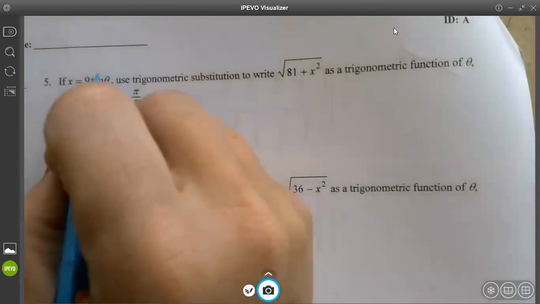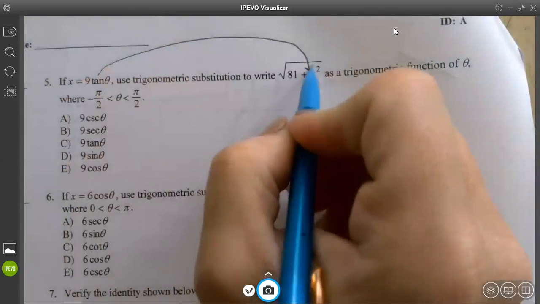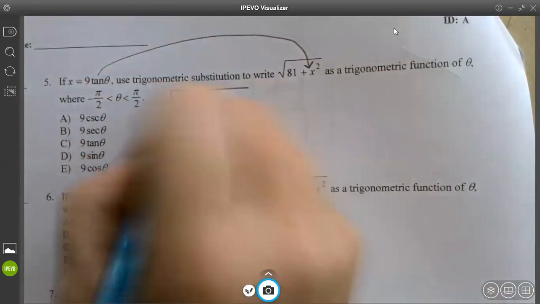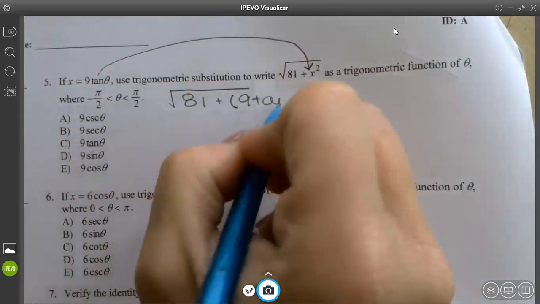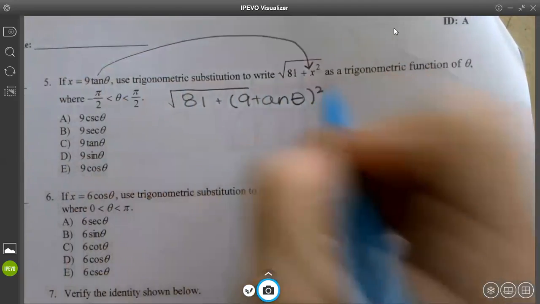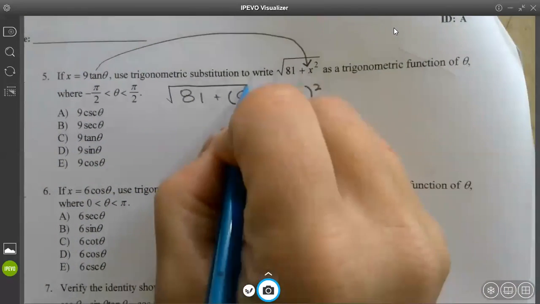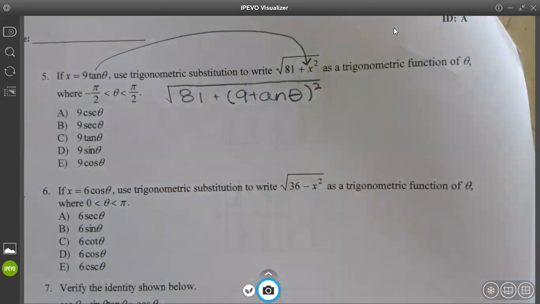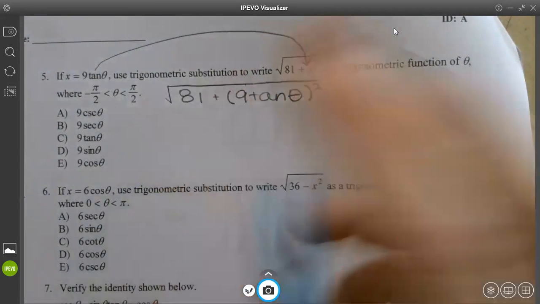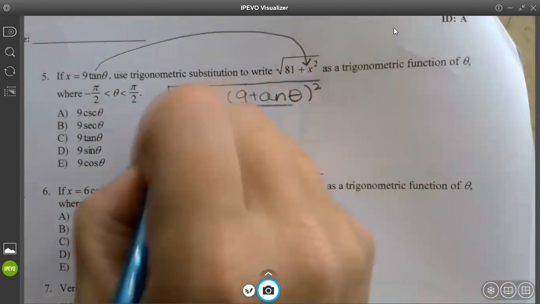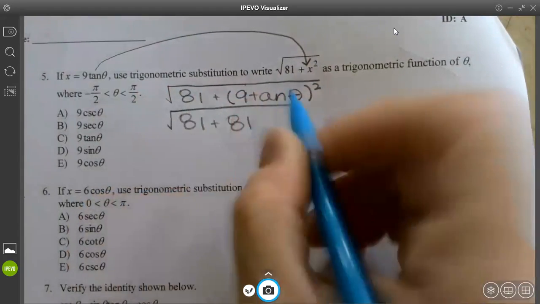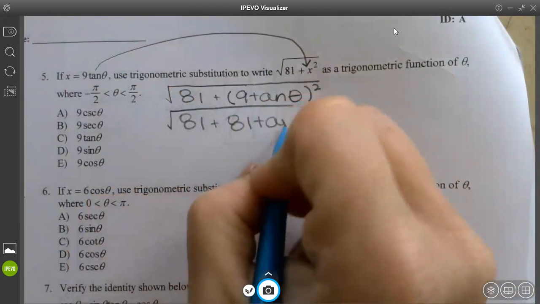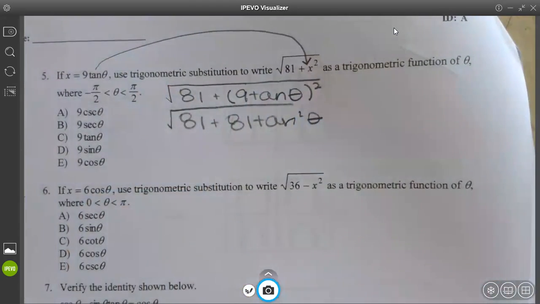So all it says is take this and plug it in. You can use an x if you don't want to use theta, that's fine. You're going to square this out. So leave this 81 alone. What's 9 squared? Tan theta squared. Tan squared theta.